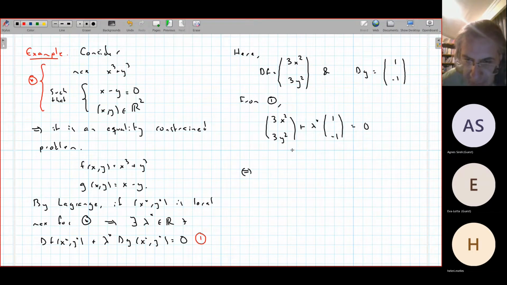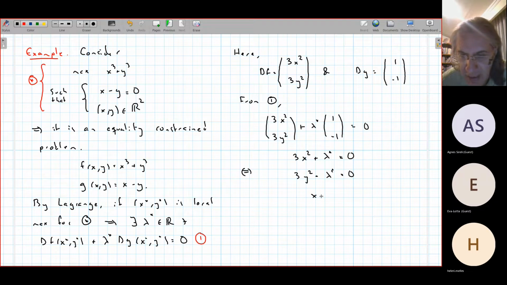And this is equivalent to the following. You have this system of equations: 3x squared plus lambda star is equal to 0, 3y squared minus lambda star is equal to 0. And finally, you remember that there is this constraint, x minus y is equal to 0.